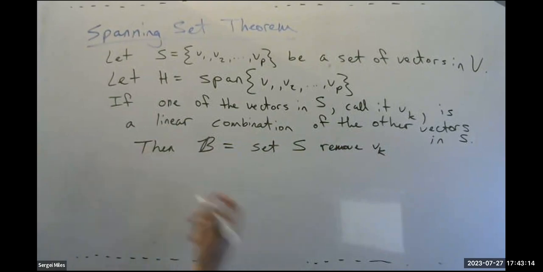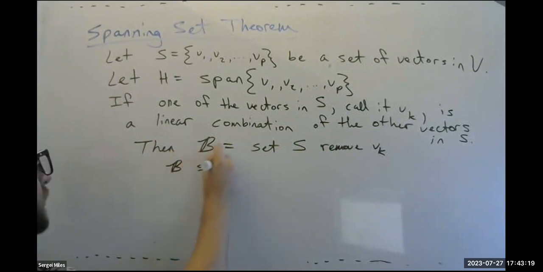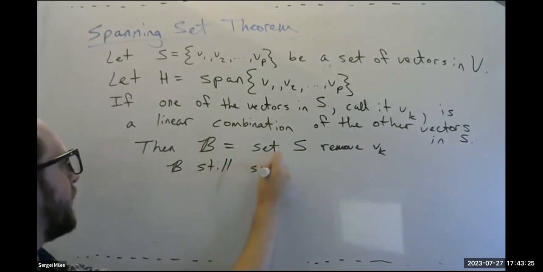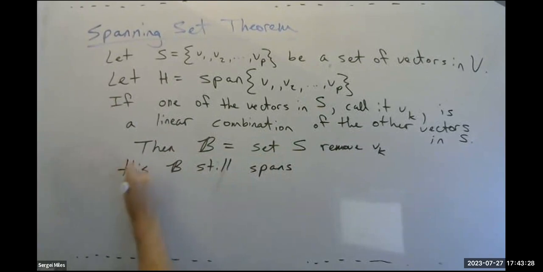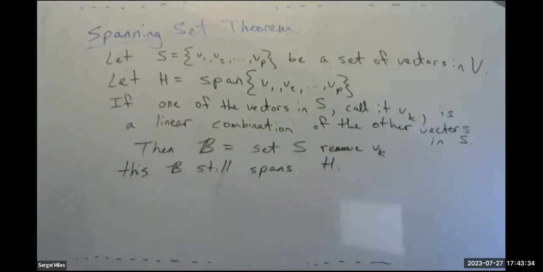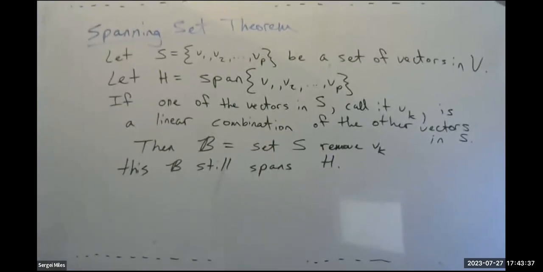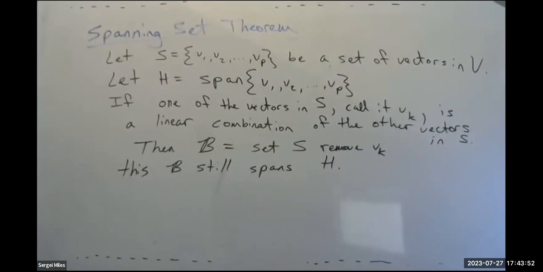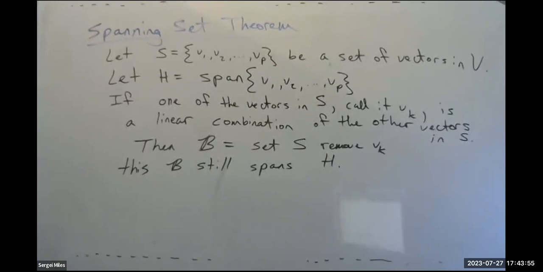So when I remove that point, then this new set, B, still spans H, right? Which, as we've discussed, if you have a vector which is linearly dependent, it really just turns out that it's a combination of the others. And if it's a combination of the others, it's included in the span of the other vectors. So dropping it really doesn't lose anything because that dependent vector is really already a combination of the others, right?